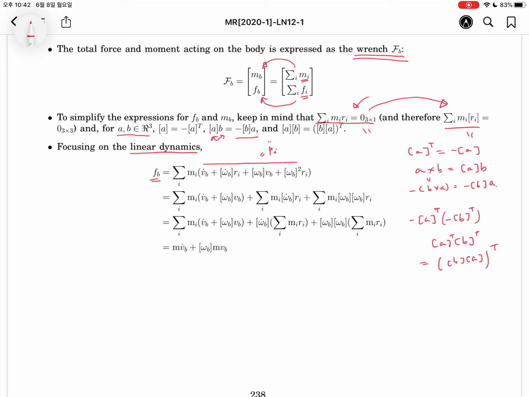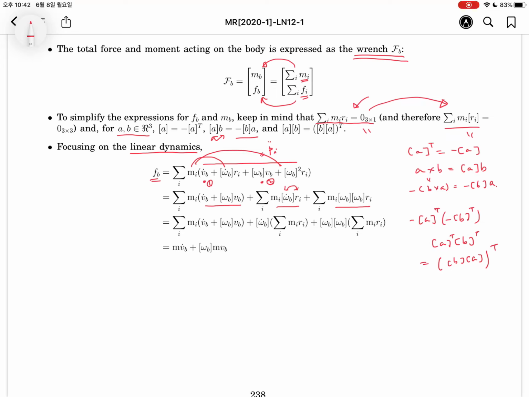Okay. Here, among four terms, VB dot and omega cross VB are independent of the Ri. So these two terms can be collected like this, and the third term will appear like this, and the fourth term. Okay, as mentioned before, it can be exchanged using the minus sign.